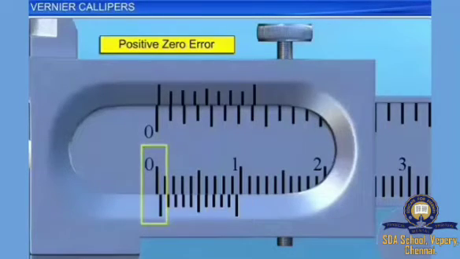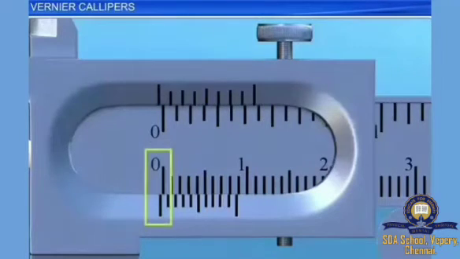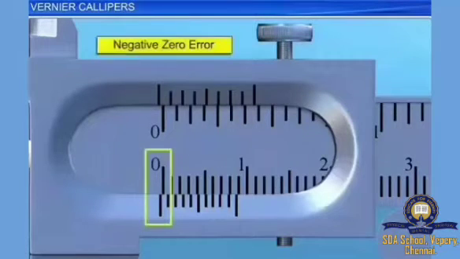The error is equal to the distance between the main scale zero and the vernier scale zero. If the zero of the vernier is to the left of the zero of the main scale, then it is said to be negative zero error. This error is equal to the distance between the main scale reading and the vernier scale reading.